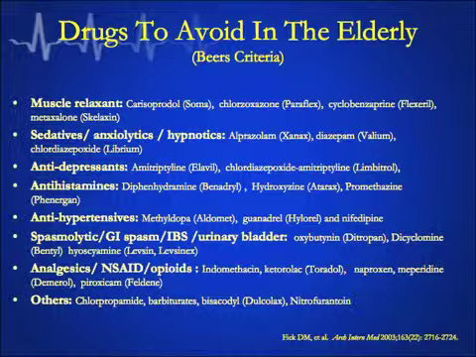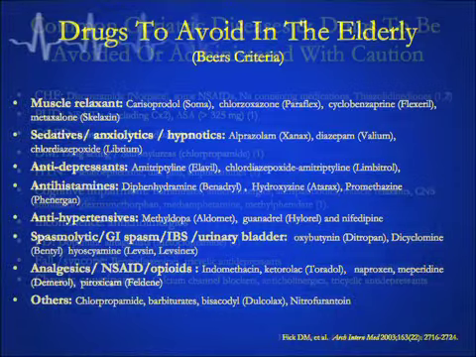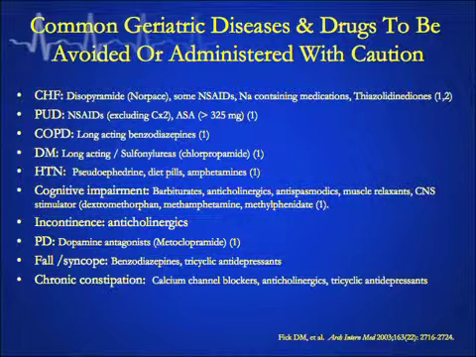This is a concise version of Beers criteria. These medications should be avoided in elderly patients. And also, that was drug-drug interaction, and this is a drug-disease interaction. This is also from Beers criteria.